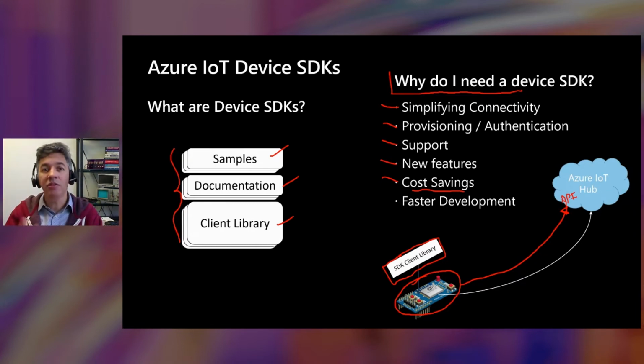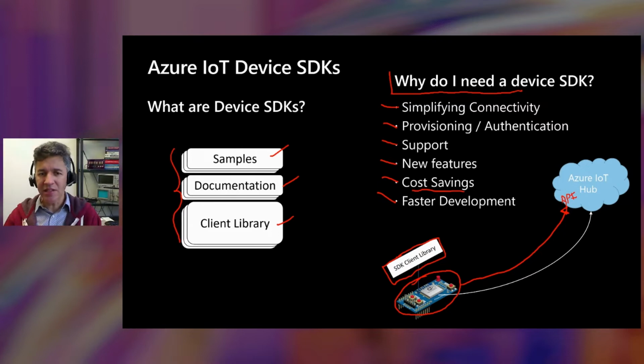So it will save you development money. And it also allows for faster development, because these SDKs are provided with samples and documentation that you can take advantage of, and it will likely shorten the time to get your product to market.